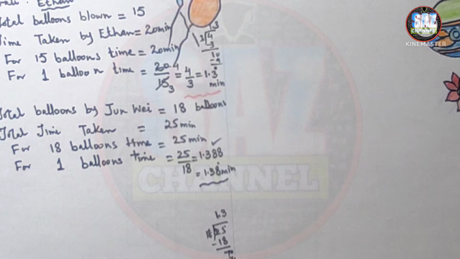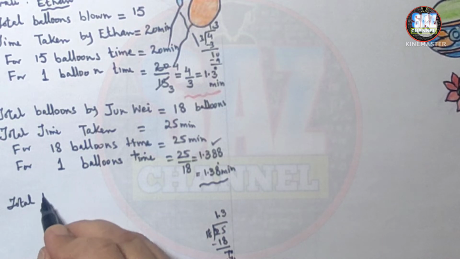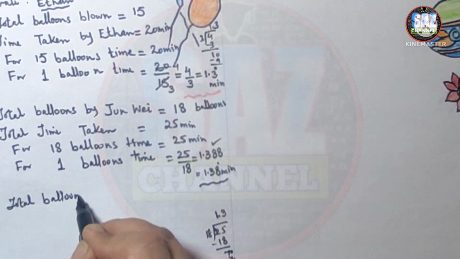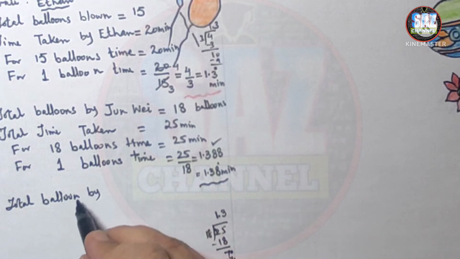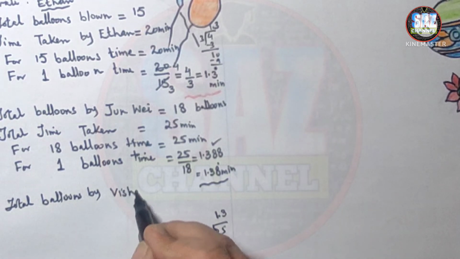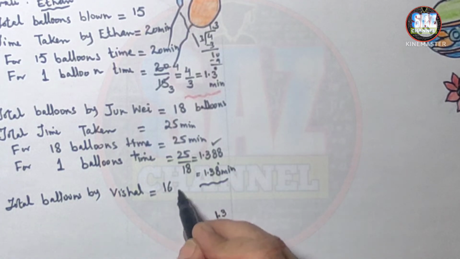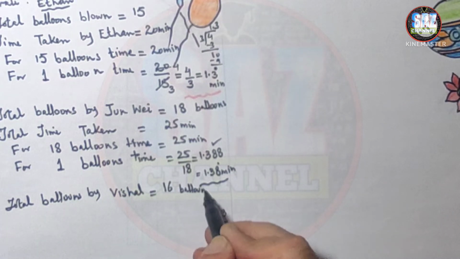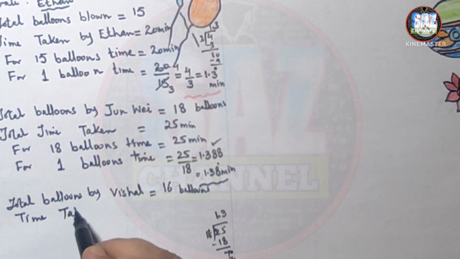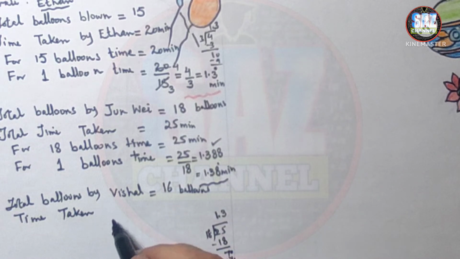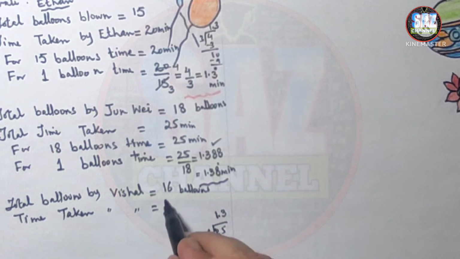Total balloons blown by Vishal is 16 balloons, and the time taken by Vishal, which is given in the question, is 21 minutes.